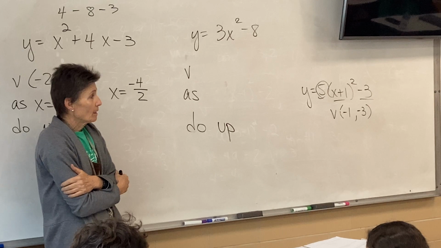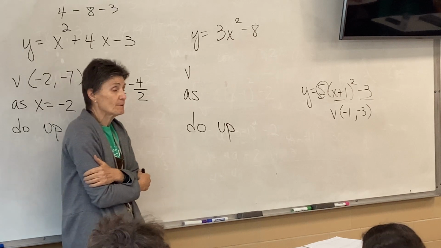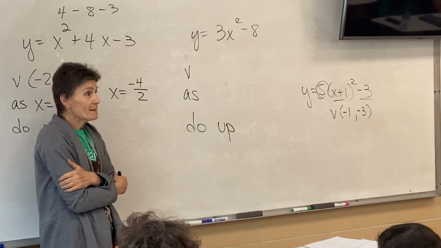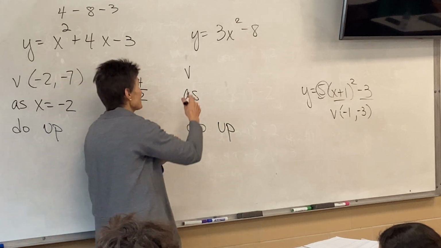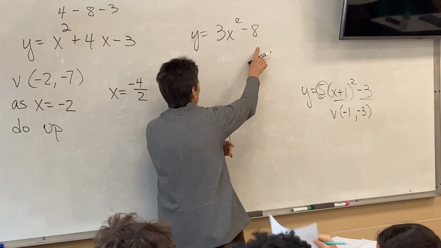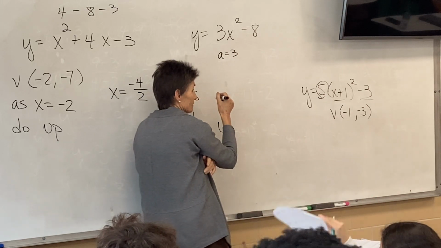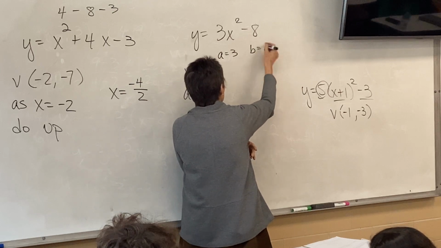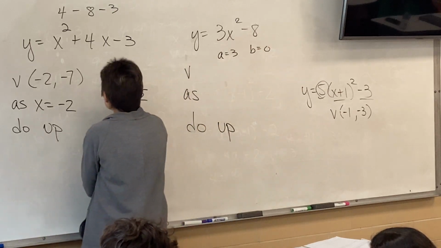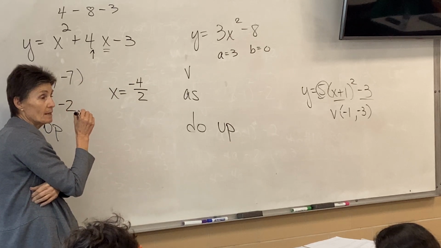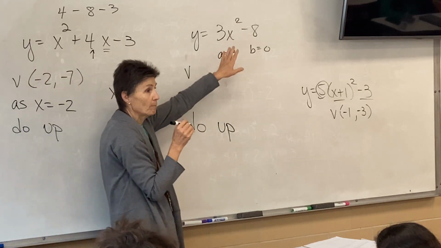Focus. All right, what about vertex and axis of symmetry? Gotta be careful because what's my A value here? 3. My A is 3. What's my B? 0. Because remember, the B term is the one hooked to the X, and that's missing in this problem.